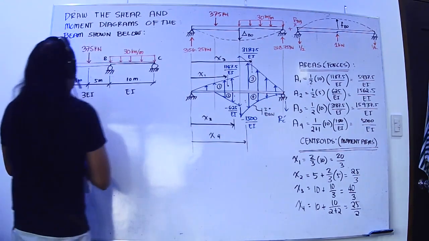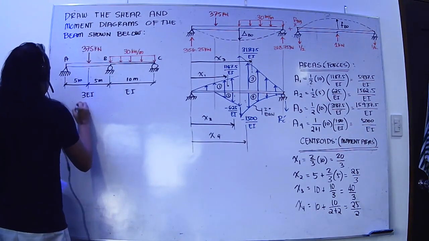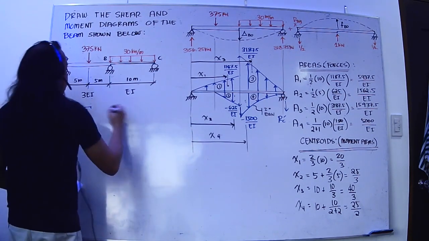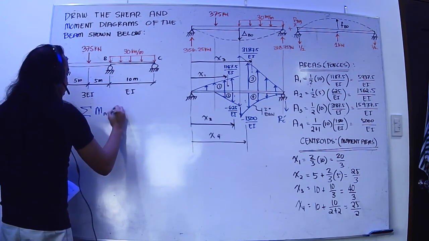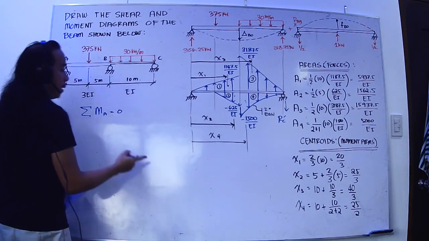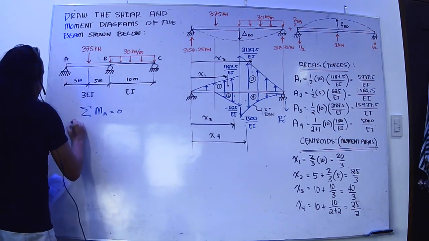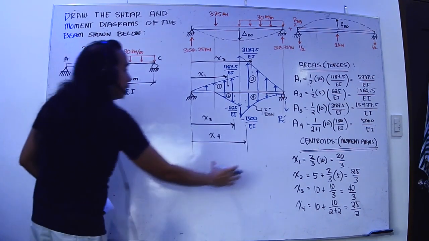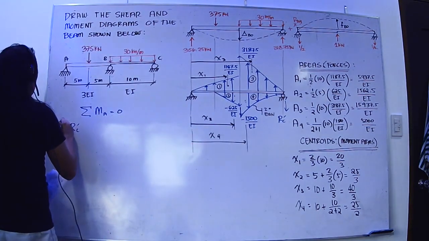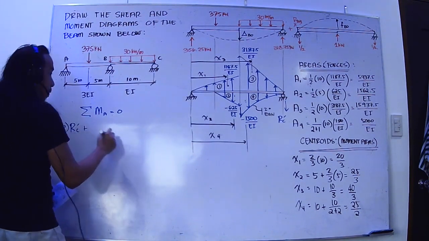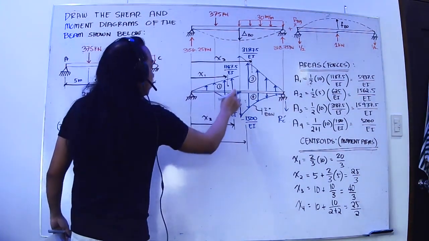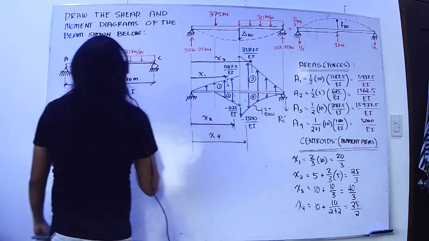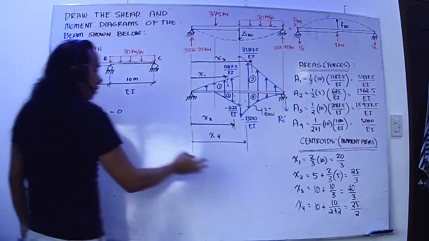I'd say that summing up moments at this point here is equal to 0. RC prime multiplied by 20, plus going down, areas 2 and 4.